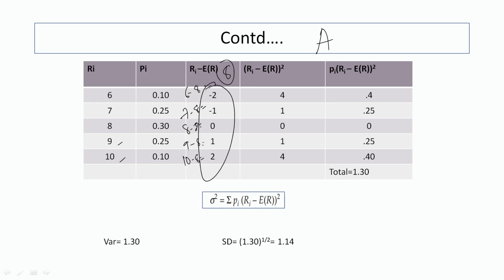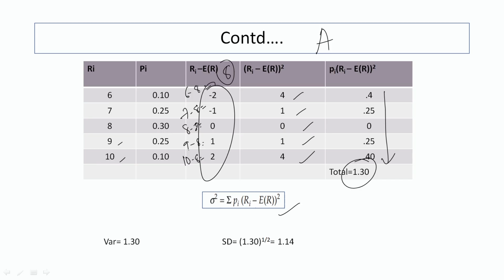So, this deviation is now squared. So, we get these values 4, 1, 0, 1 and 4. Now, we have to multiply it with the PI value. So, we multiply it with the PI value and the summation of this particular value is 1.3. So, our formula of variance is sigma PI multiplied by (Ri minus expected return) whole square.